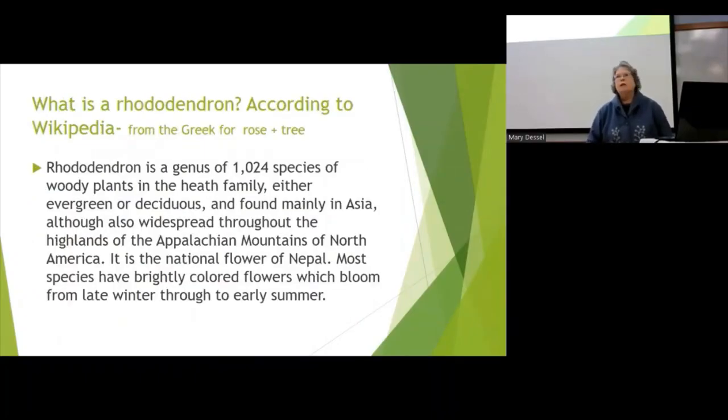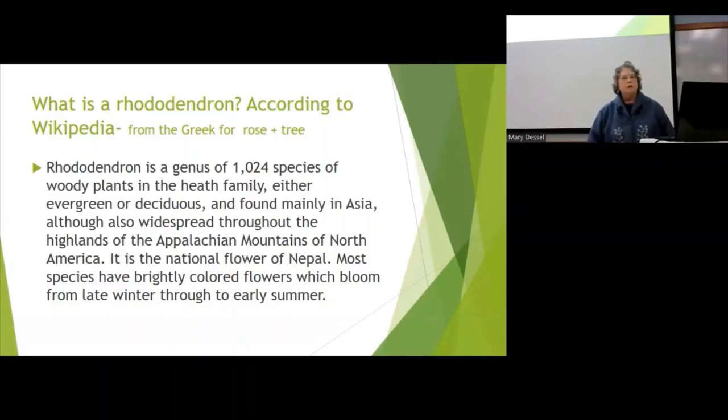Let's start at the very beginning. Wikipedia, our source of all knowledge now. According to that, the name is from the Greek for rose tree, which seems like a very appropriate term. The rhododendron is actually a huge genus. There are over 1,000 different species of rhododendrons in the wild. They're most common in Asia, Tibet, and Nepal, but we also find them in the Appalachians of North America.